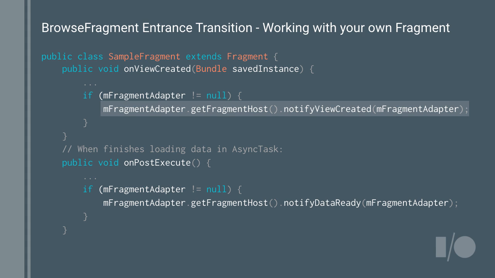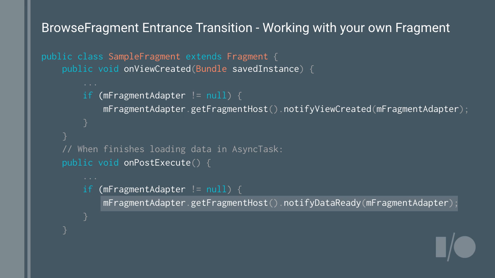So remember, you need to call startEntranceTransition to tell BrowseFragment that all the data inside the browse adapter is ready. So here, your custom fragment needs to call an additional method, notifyDataReady, to tell BrowseFragment that the data inside your custom fragment is ready. And then BrowseFragment can do the transitions.